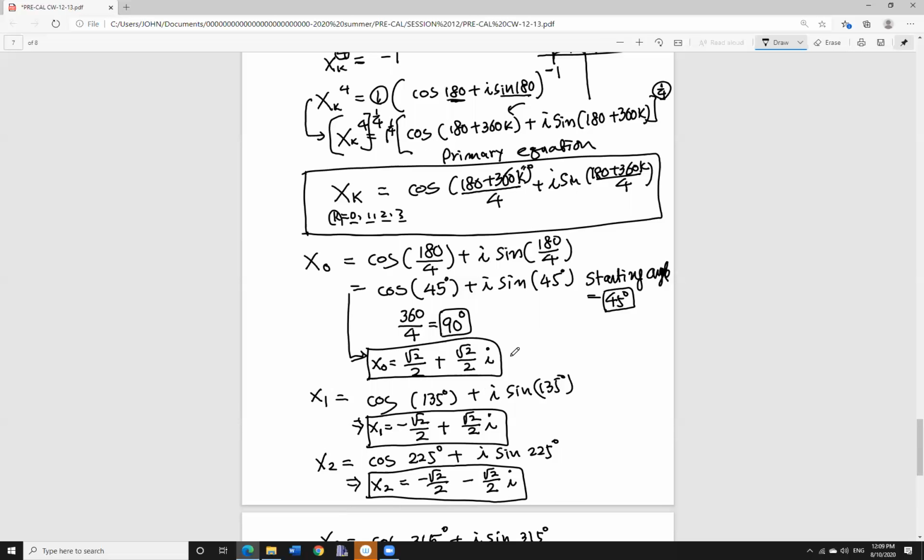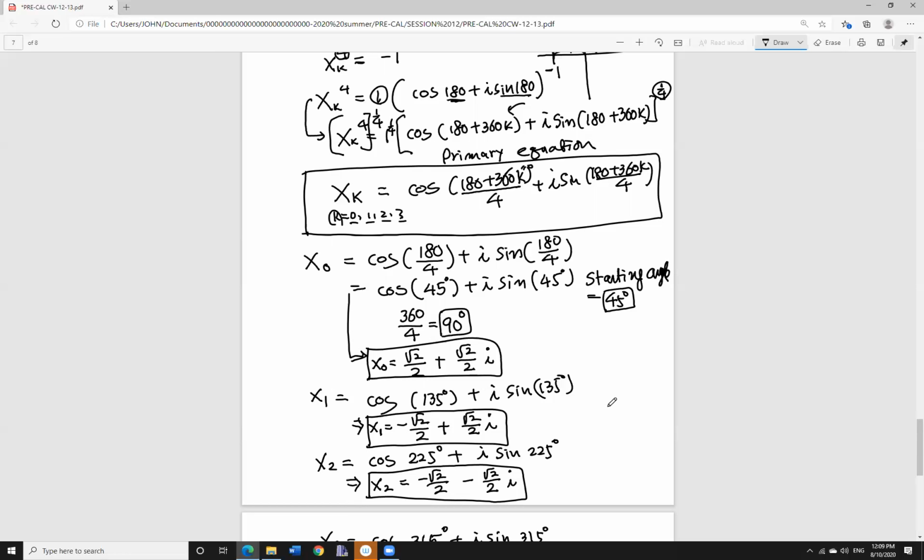Can you say it again? I don't understand what you're asking. I understand where you got x to the 0, and then I understand the step to x to the first, but I don't know where you got cos 135 from.